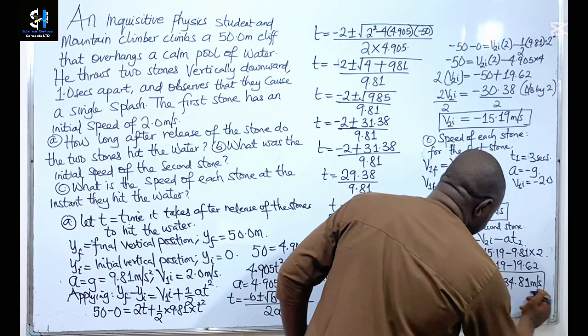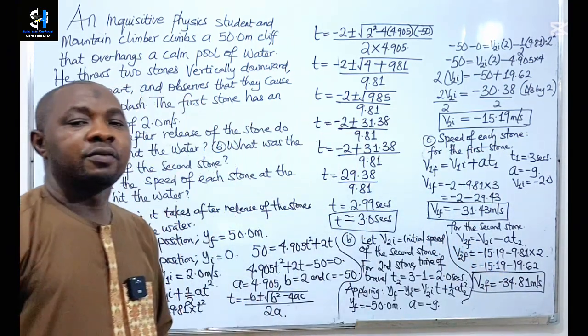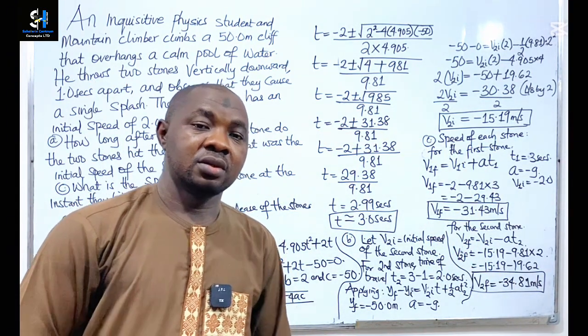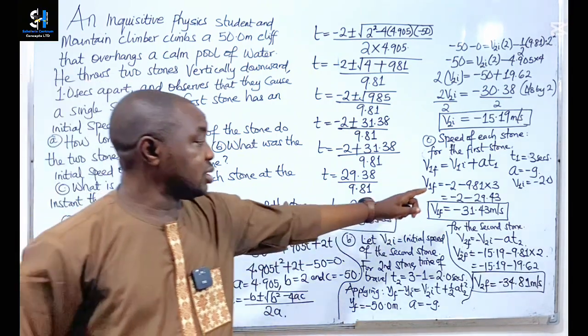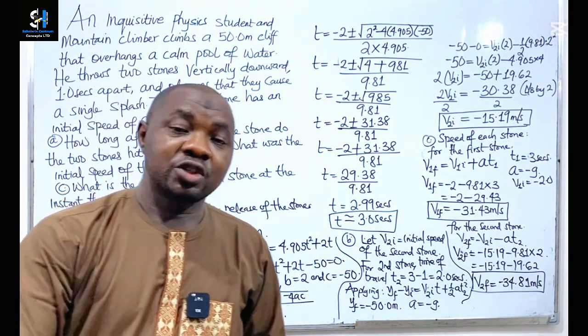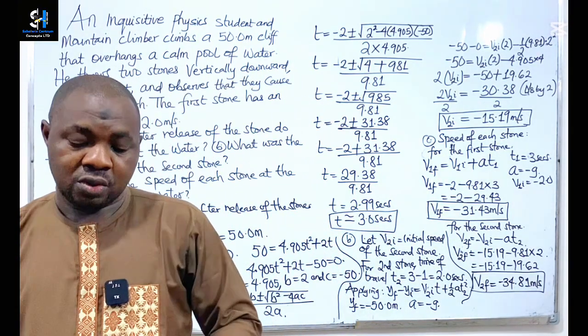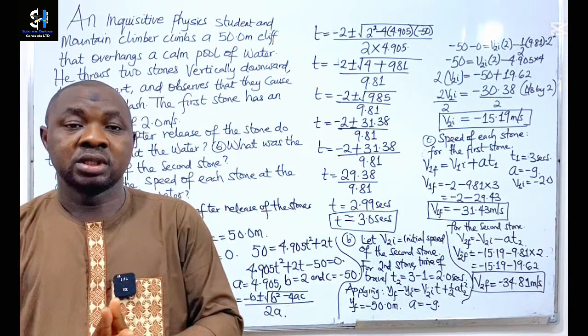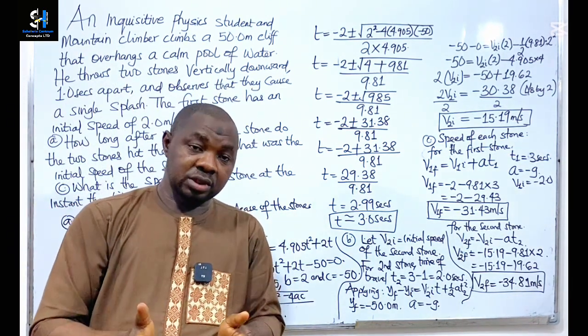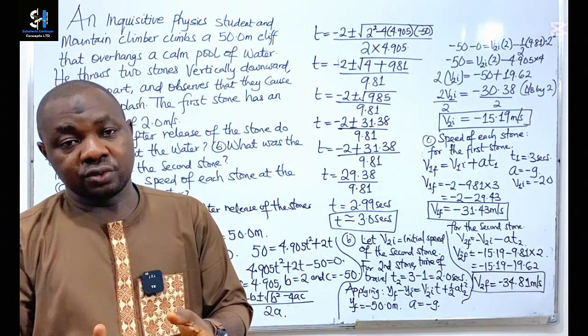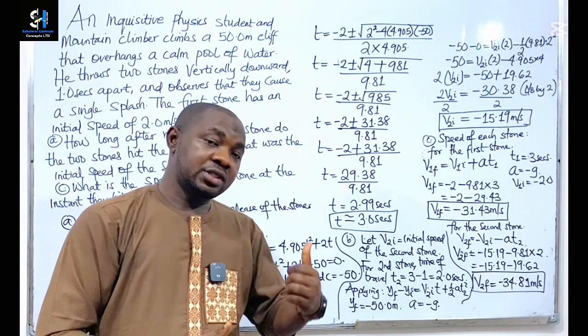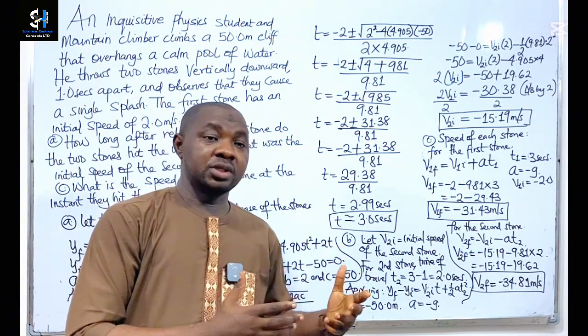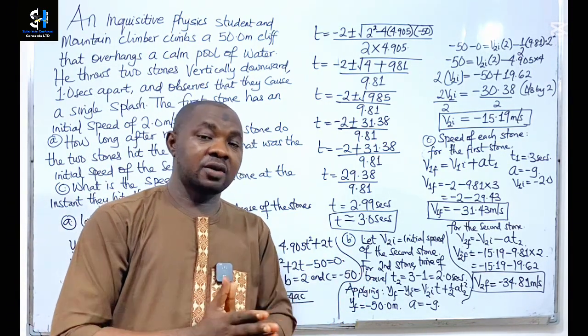Let's not forget that the value of each speed is negative because the direction is downward. If the direction is downward, then the acceleration will be negative and the final vertical position will be negative, while the initial vertical position will be 0.